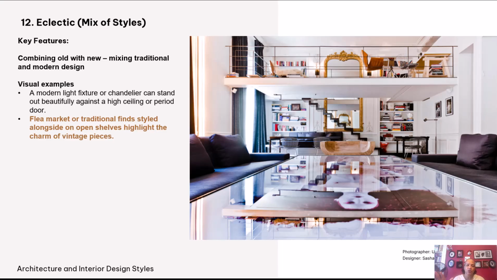So the architecture is not taking any attention, but all the books on the shelves, this big mirror, the chairs, all of the intricate details of the space are really what's showing up, and the white walls are acting basically as a canvas for them.